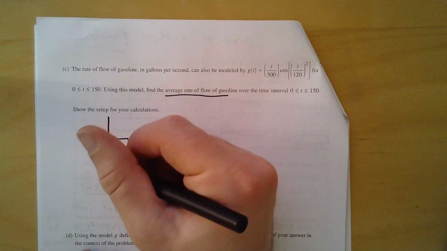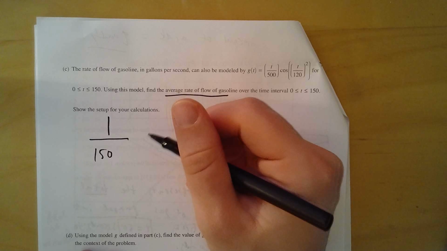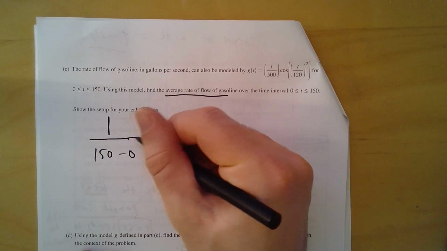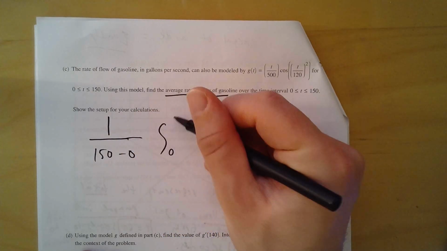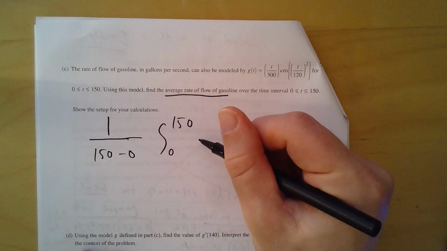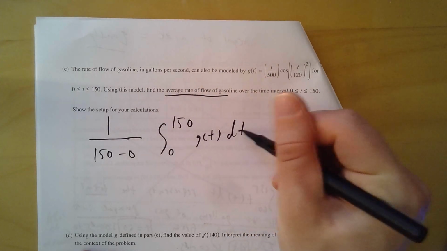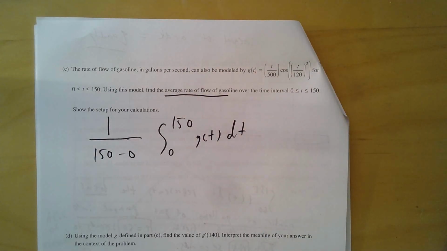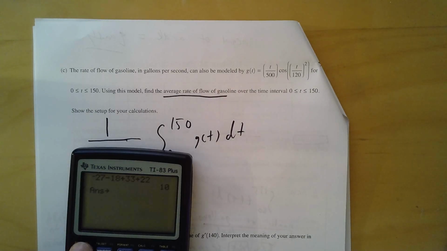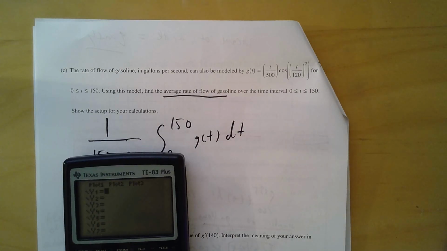So I'm going to say 1 over 150 minus 0, that is B minus A, times the integral from 0 to 150 of g of t dt. Boom, that's a point right there. And then we'll do it in the calculator. So again, put in for y1, x divided by 500, close it, cosine, parentheses x divided by 120, close it, squared, close it.